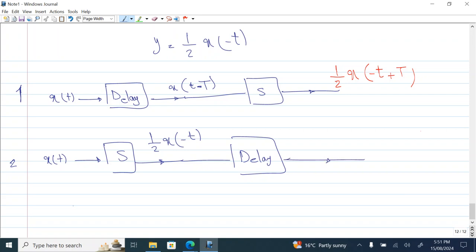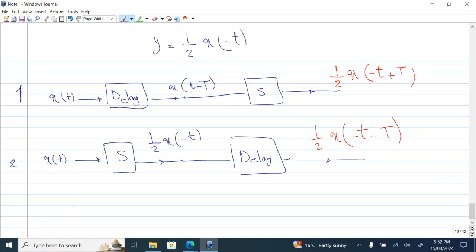And then what's the answer? Minus T, that's correct. So it will be x of minus t minus T. And these two are not the same. So that's not time invariant. Raising hand, who didn't get this? I know this one's a bit tricky.